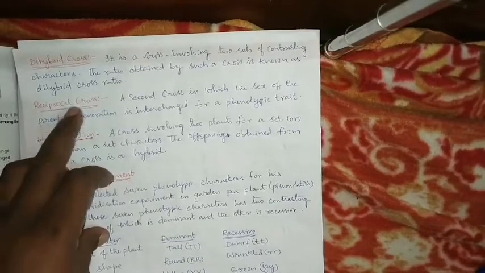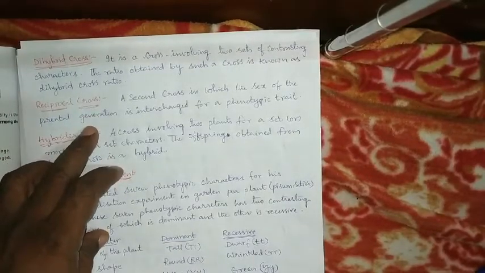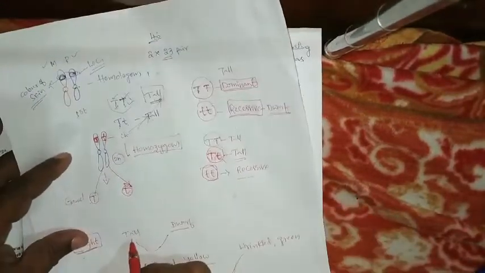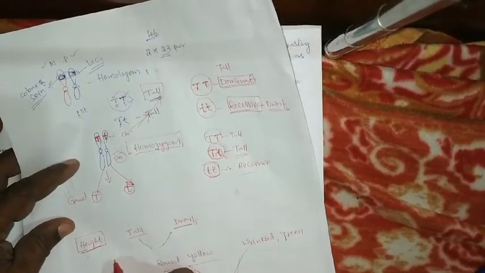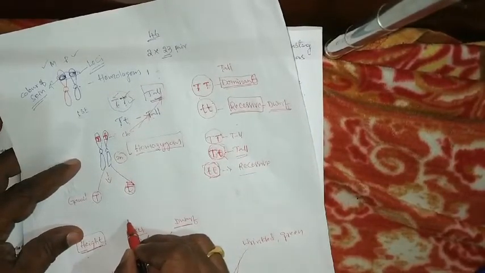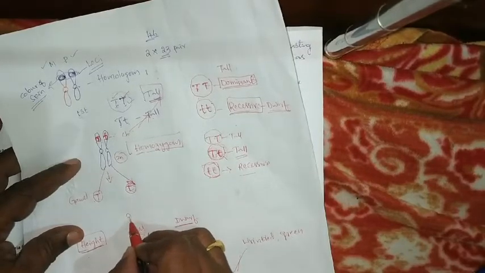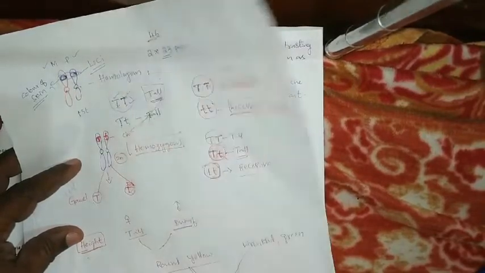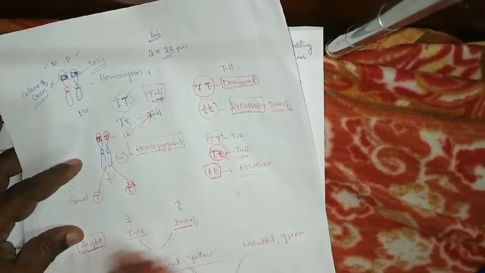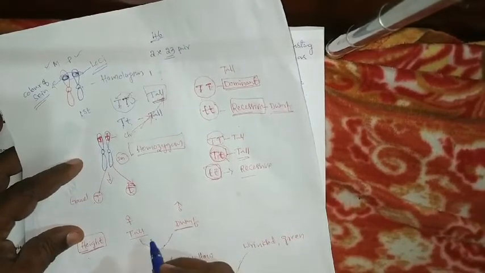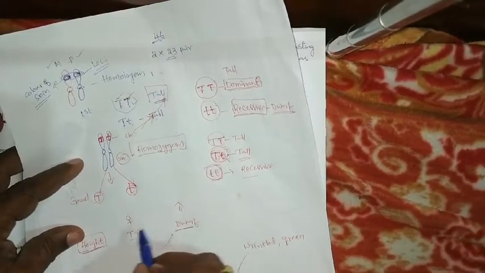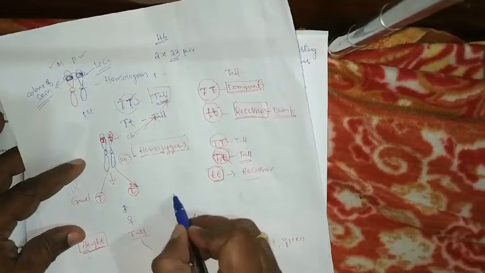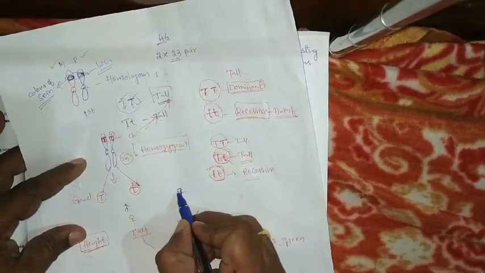So what is meant by a reciprocal cross? For example, we are crossing a tall and a dwarf plant. Suppose the tall plant represents male and the dwarf plant represents female. This is the first cross. In the second cross, we swap the sexes: tall is female and dwarf is male. This symbol represents the male and this symbol represents the female.